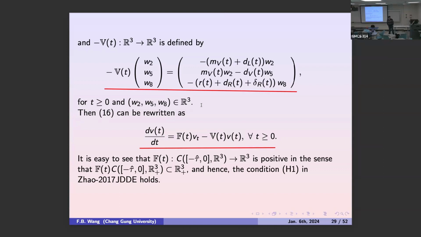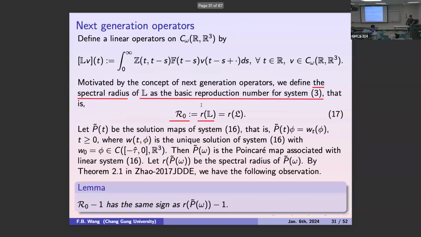And again, we can define the reproduction number for the virus. In the initial state, this is a new infection. After new infection, they can have some internal evolution. So we can define the next generation operator, and the spectral radius is the reproduction number.